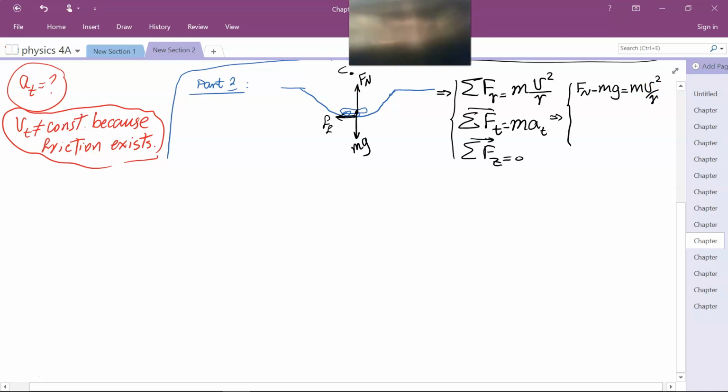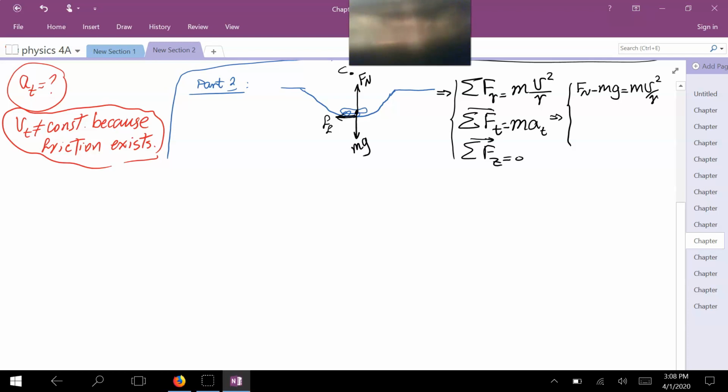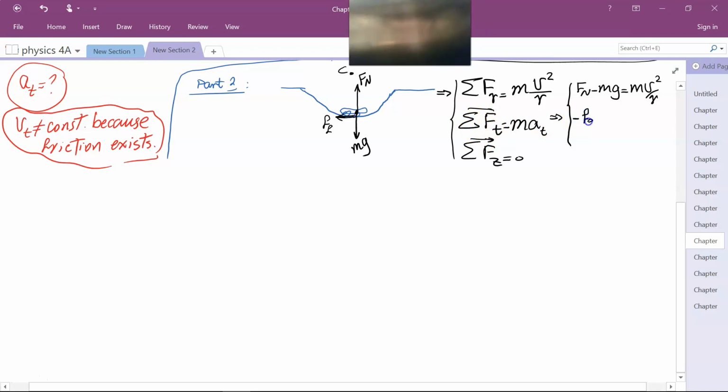Now, what about the tangent axis? How many forces do I have? I have only one, in the opposite direction of motion, equal to m a_t. And the z-axis doesn't help me because I don't have any forces on the z-axis.